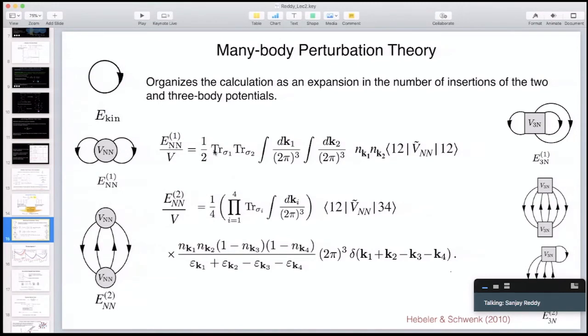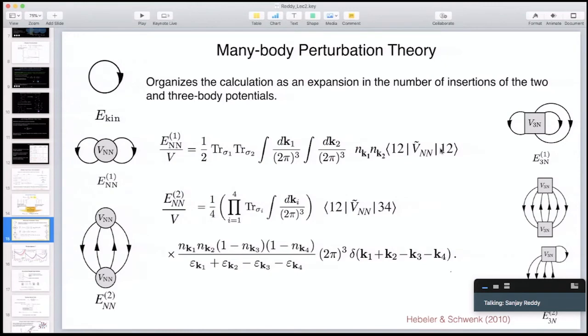So one insertion of the potential, which is shown here, gives rise to an algebraic expression that says that you have to look at all the particles in the system and calculate the matrix element between the two particles which are in a momentum eigenstate. So this symbol here, 1, 2, for the state of the particle, just means that you have two neutrons.